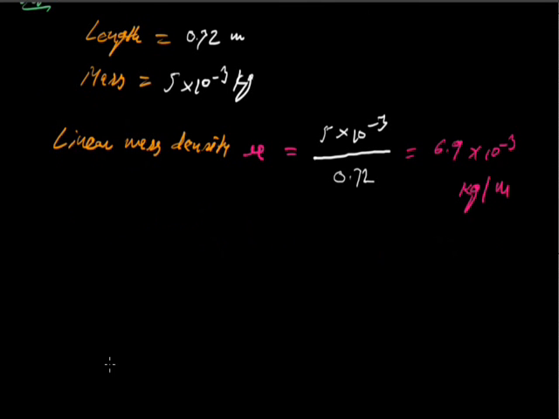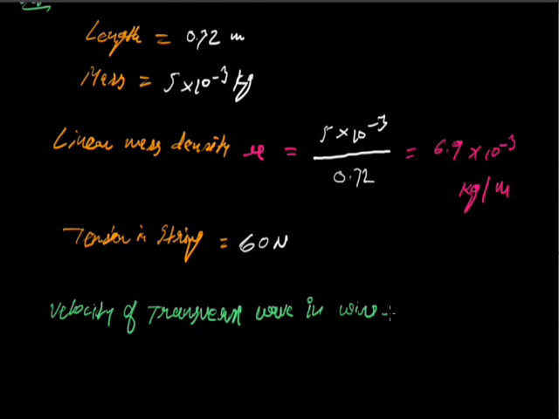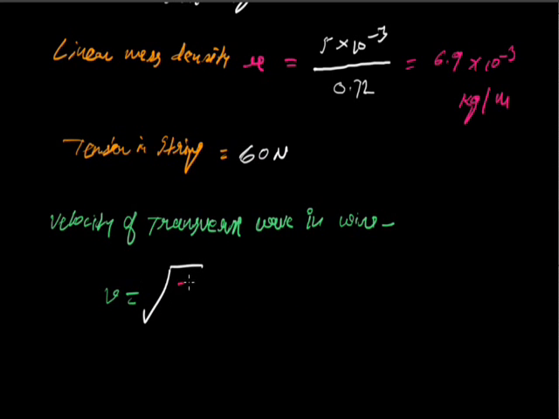Now since we have the tension in the string equal to 60 Newton, the velocity of wave in the wire is square root of tension divided by the linear mass density, which is equal to square root of 60 divided by 6.9 multiplied by 10 to the power minus 3, and we get the result here.